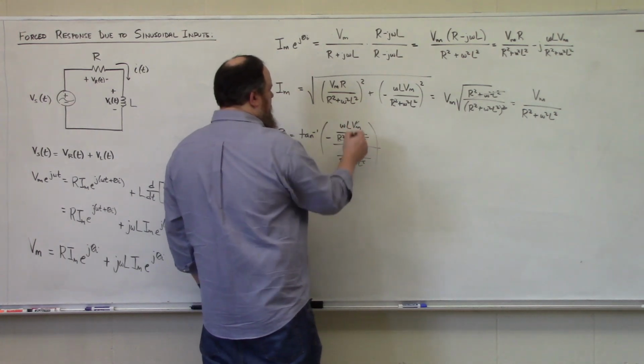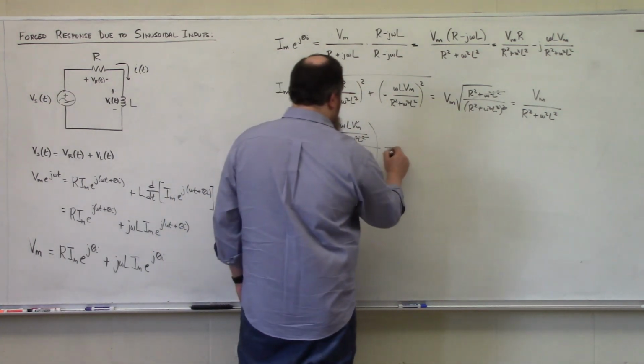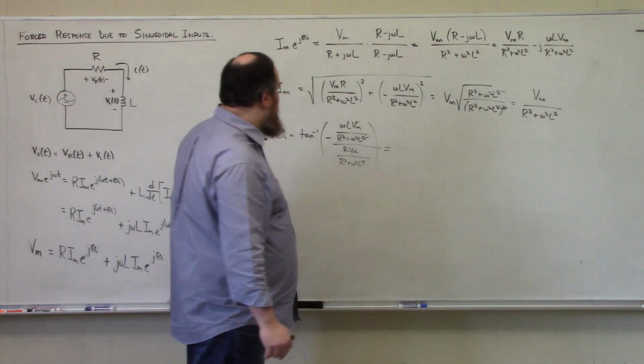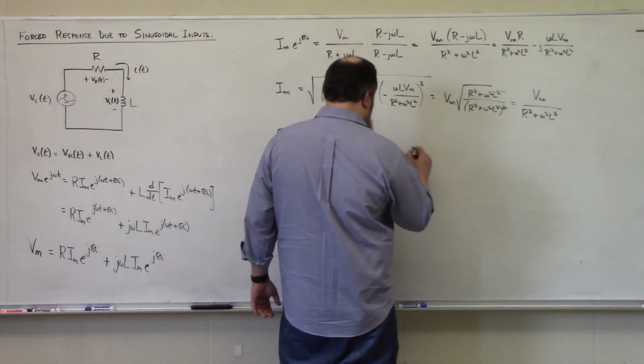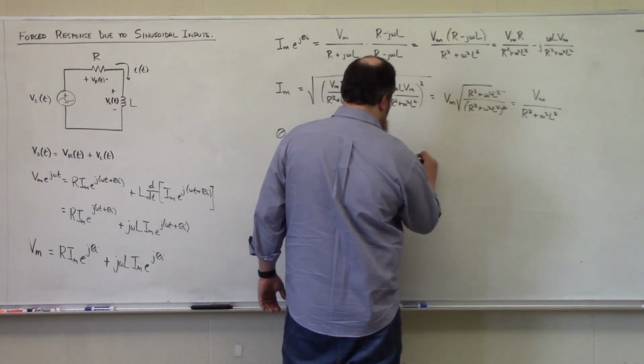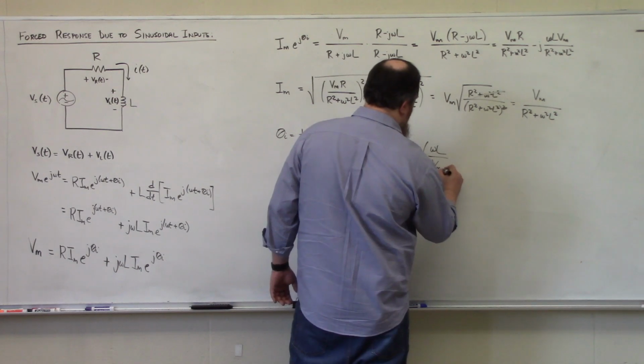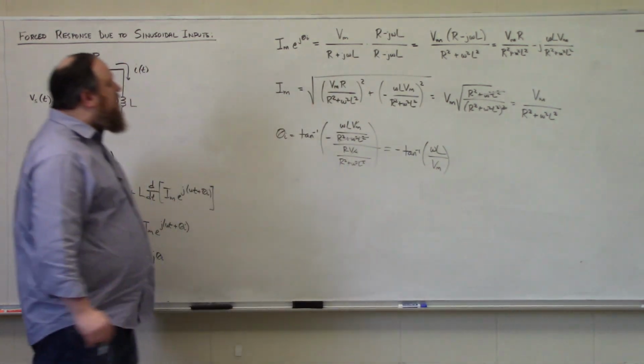These denominators cancel, the Vm cancels, and negative the angle inside is the same as negative outside of the arctangent operation. So we get negative arctangent of omega L over R.